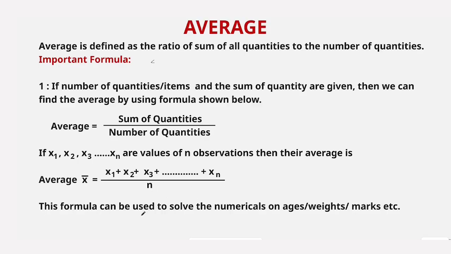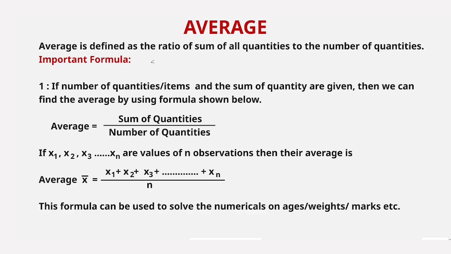This formula can be used to solve the numericals on ages, weights, marks, etc. It means that if you have to find the average age of group of people or their weights or the marks obtained by the students in a class, we can use this formula.